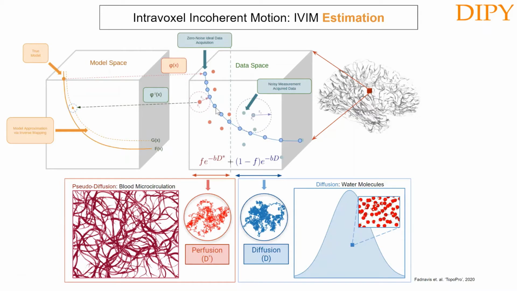So let's say this is the ADC curve that I showed on the previous slide, where we are trying to model the exponential decay. In a standard diffusion acquisition, we have a set of B values that are generally on one shell, like 1000, or in a multi-shell it has 1000, 2000, 3000, and so on. But for IVIM, we require a lot of small B values, generally in the scale of less than 1,000.